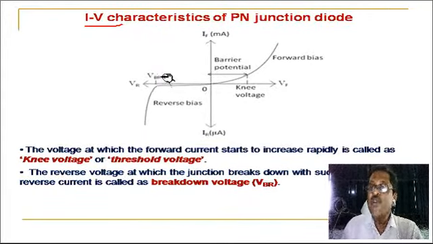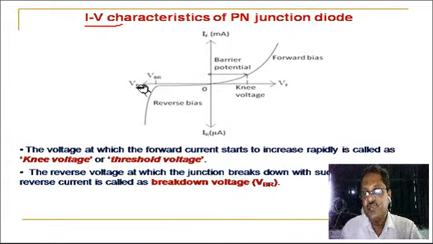Above the value of this breakdown voltage, the junction gets completely damaged.